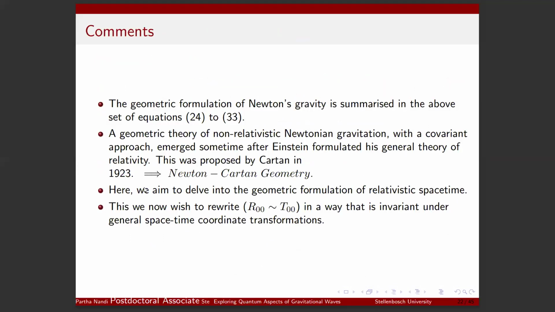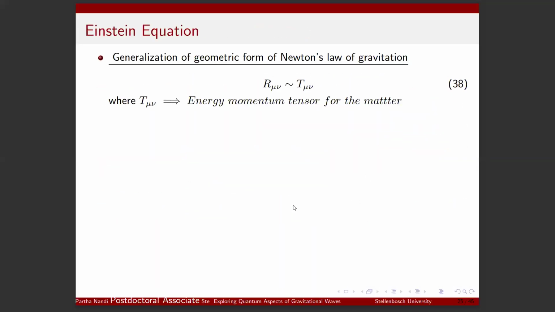Now, as we have already promised, we need to formulate Einstein's theory of relativity from a geometrical point of view of space-time. So we need to rewrite the Newtonian gravitational theory, which is discussed in terms of R00 and T00, in a covariant way. Let us write all components of the Ricci tensor, which is proportional to a second rank object, T mu nu. In the Newtonian case, only the zeroth component of these equations survives.